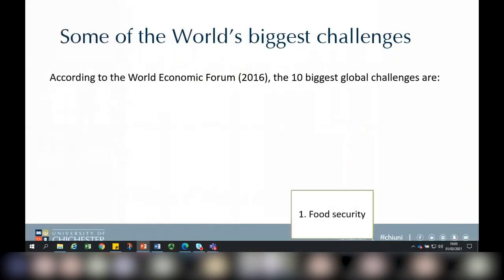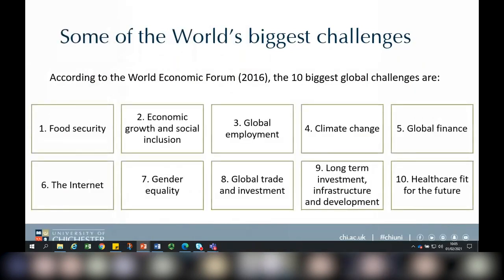Okay, so here's some of the world's biggest challenges according to the World Economic Forum. Now, that's a really good website to check out. And these are the top biggest challenges. So looking at this, I think you've already talked about quite a lot of them, but food security is one we've not discussed.